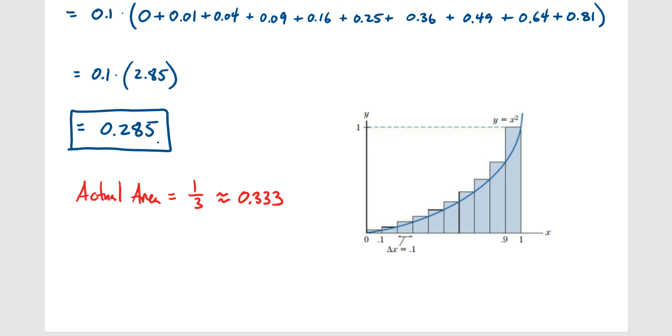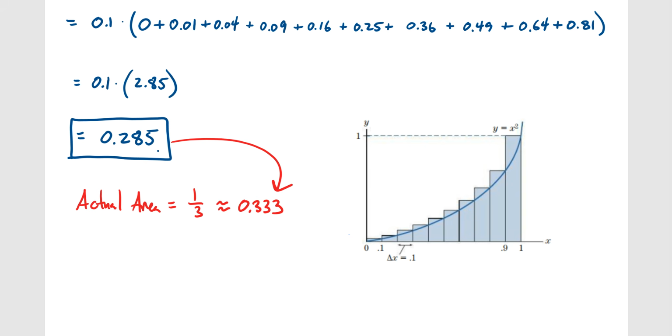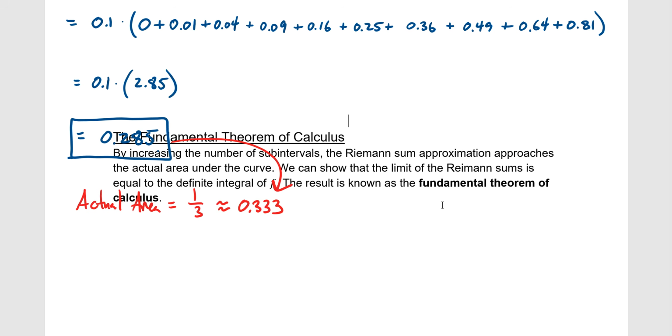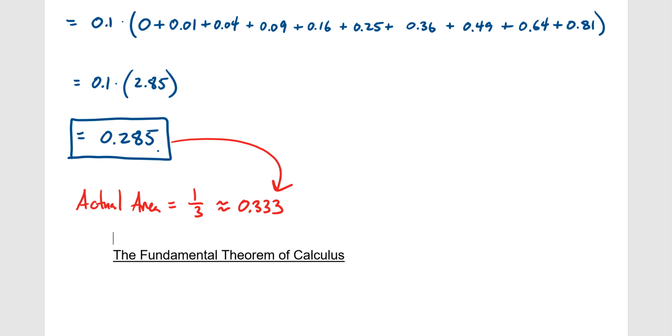So our area here is a little bit closer because typically the larger amount of n values you use, the larger amount of rectangles you use, the more accurate your approximation is going to be. And this drawing is incorrect. Don't look at that because that was the graph that I drew before I switched it from right endpoint to left endpoint.